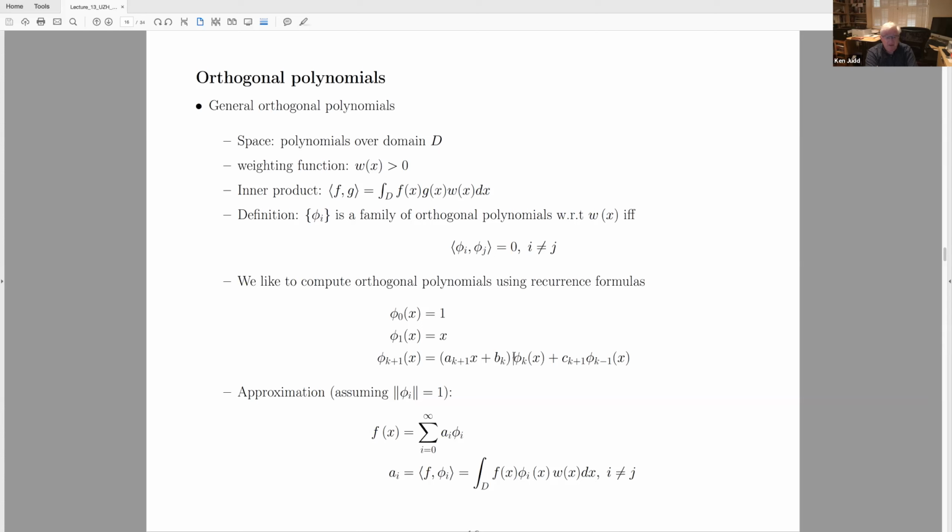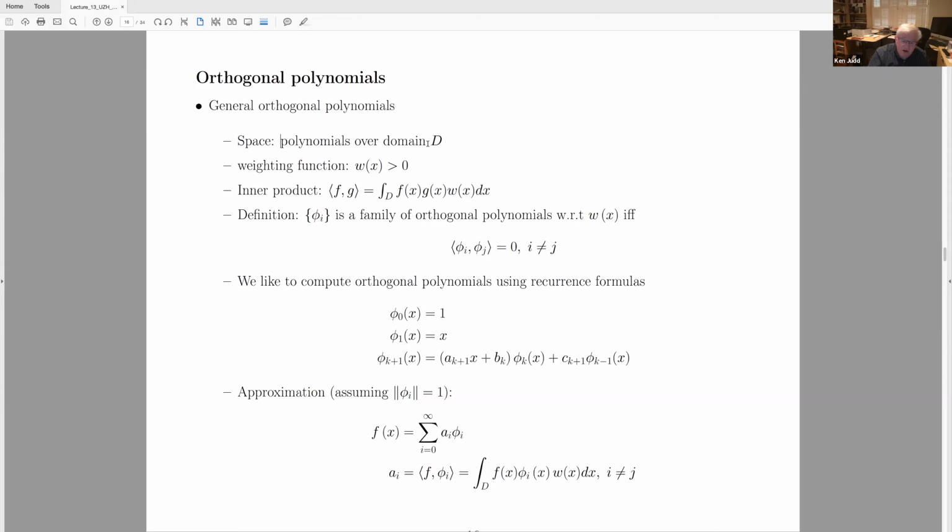Now, remember that in regression, you would love to have regressors that are orthogonal. That's very nice to have orthogonal regressors, because then regression is easy. The same is true if you're trying to do least squares approximations of functions in a function domain or in a space of functions. So now, what is an orthogonal polynomial?